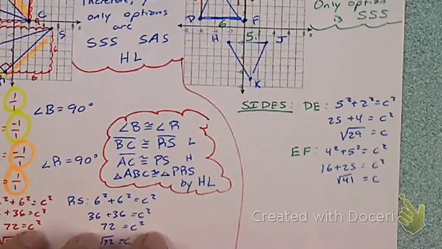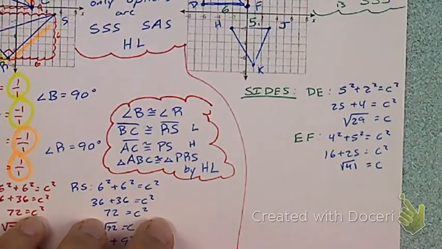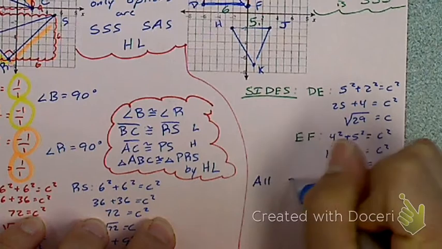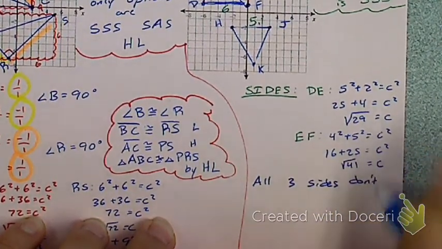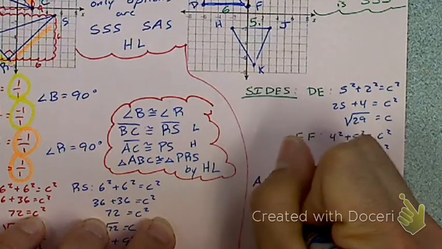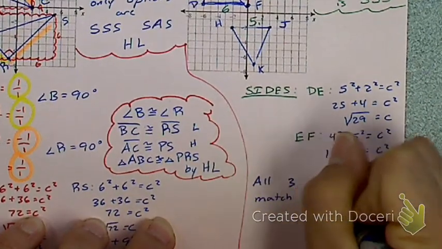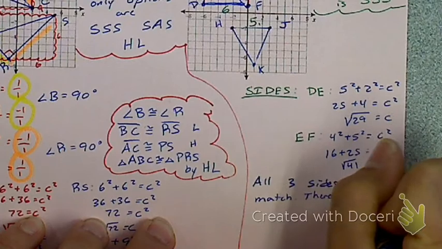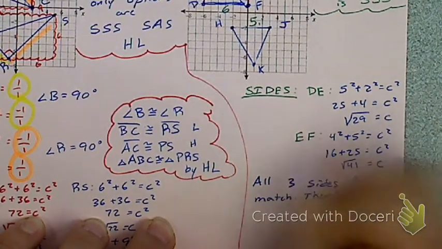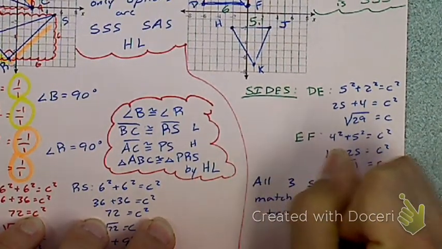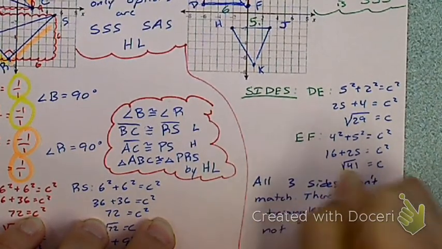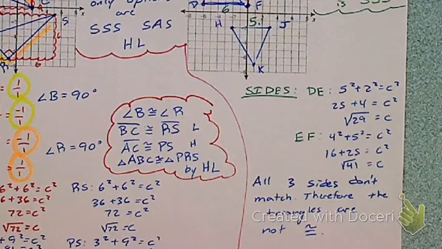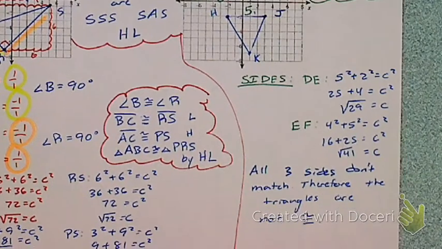Does that one equal 5? What does this mean? All three sides don't match. Therefore, the triangles are not congruent.